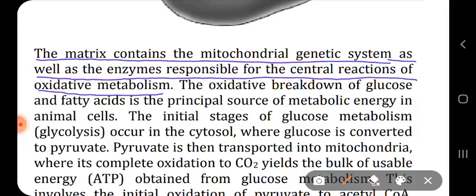So the matrix, the interior of the mitochondrial membrane, contains the mitochondrial genetic system, as well as the enzymes which are responsible for the oxidative phosphorylation that is done within the mitochondria.